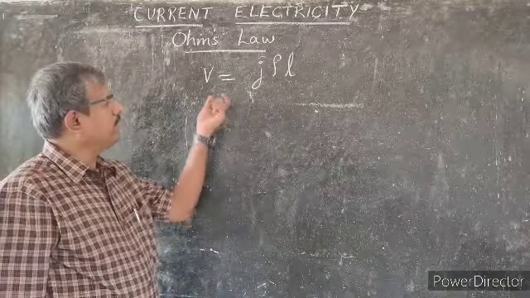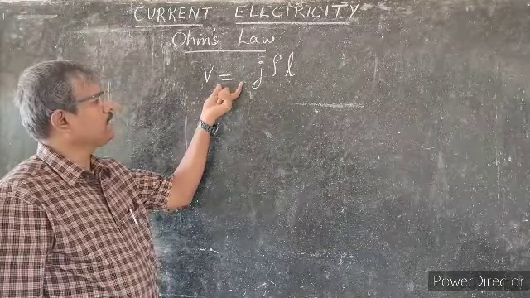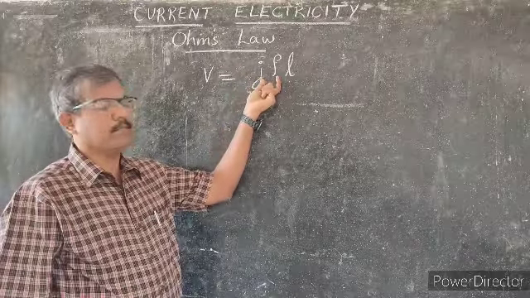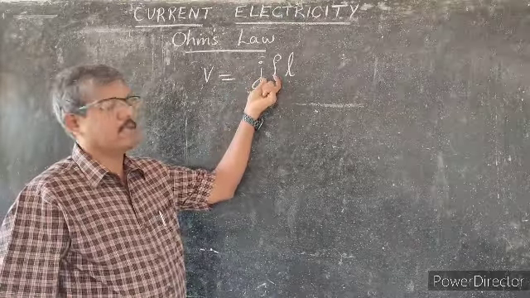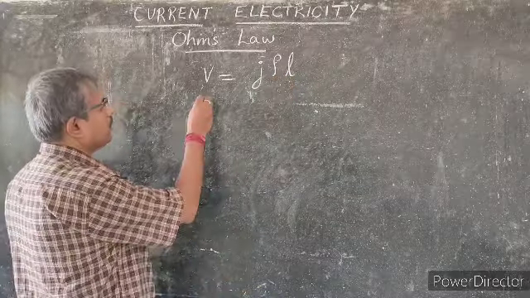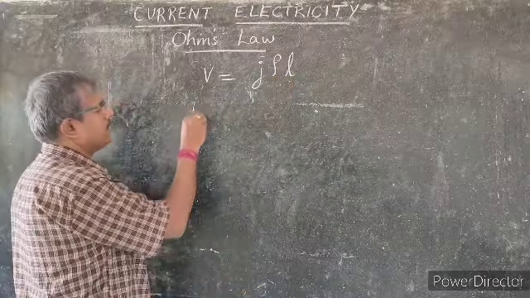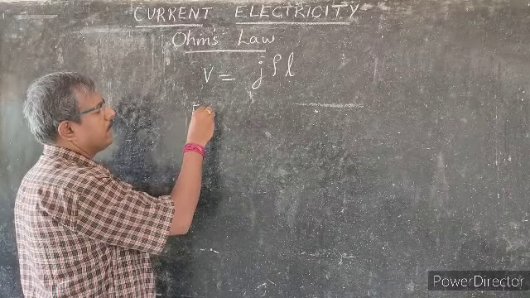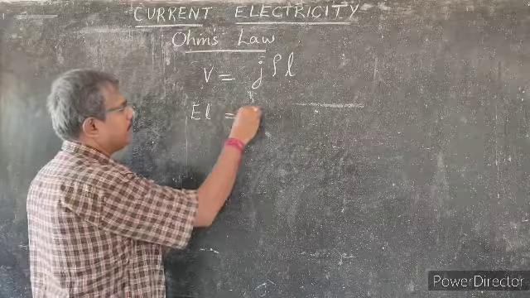So we have arrived at this stage where we say voltage or the potential difference is equal to the current density multiplied by the resistivity and the length of the conductor. Now I can also say V is the product of the electric field multiplied by the length of the conductor.